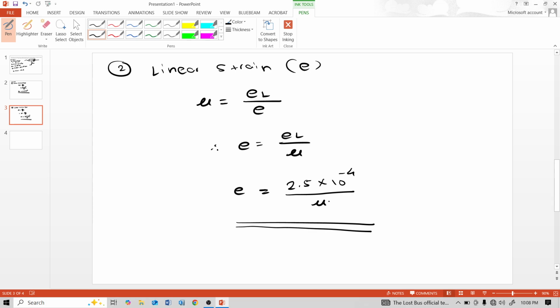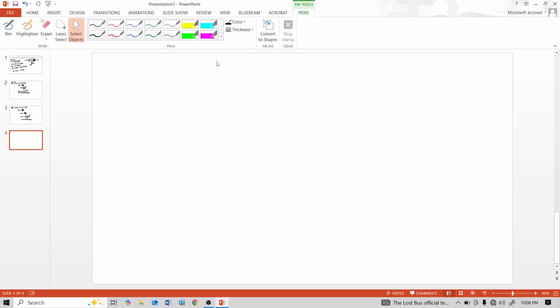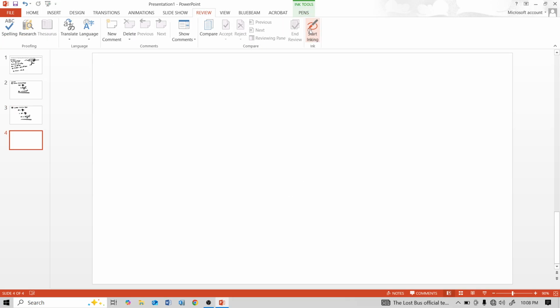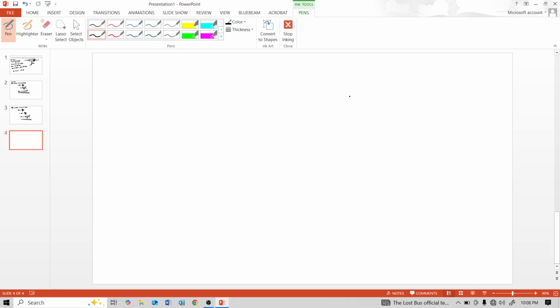So for finding Poisson's ratio we also need stress. Stress is denoted by sigma, and sigma is equal to load upon area.